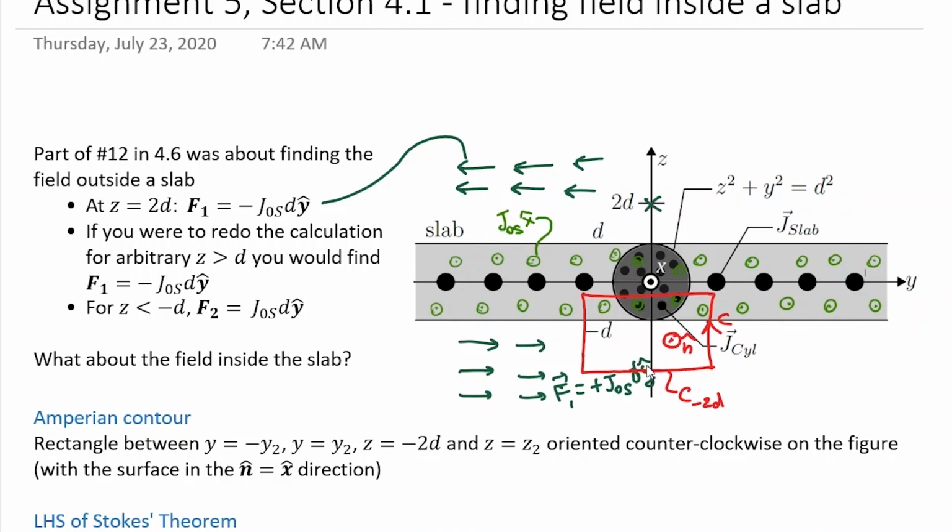So we have this as well, and we also have it everywhere else below the slab, but that's okay. Above the slab, sorry, on the top line, let's make this at a height z2, and let's just keep it arbitrary, since we don't know what it is. We want it everywhere inside the slab.